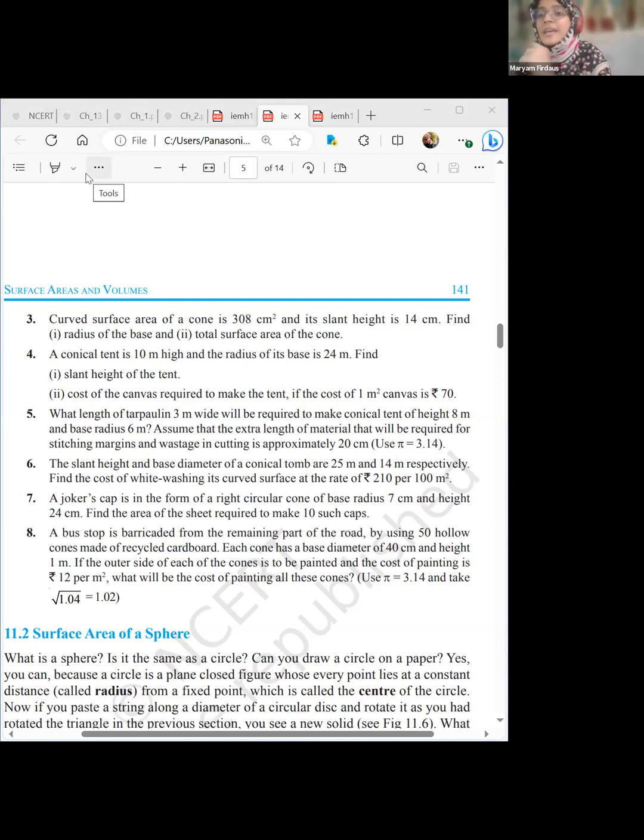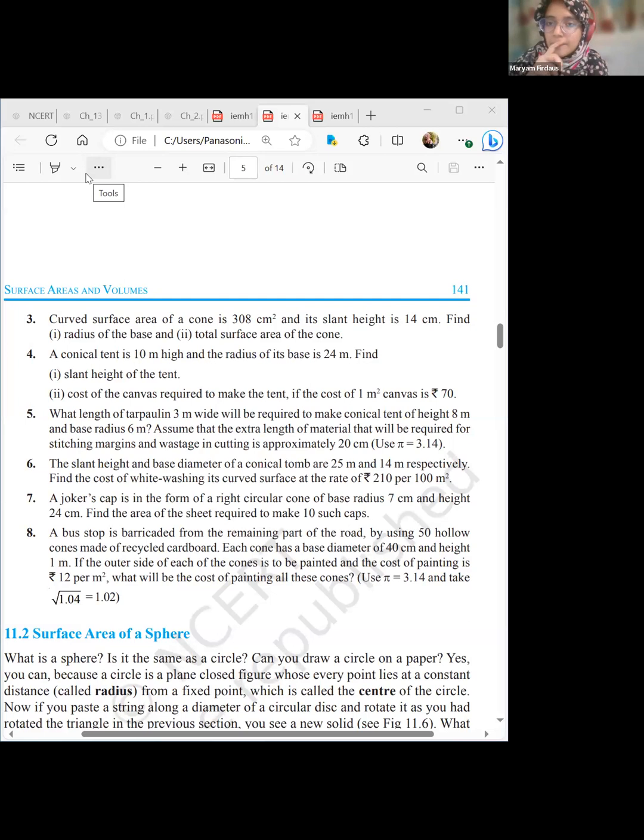But if you have ever seen any cloth get stitched, any cloth or any bag, then you know that during stitching, some material is wasted also. Some material you will cut out, some is folded, some is overlapped. And they have already told you that the extra length of material that will be required for stitching margins and wastage in cutting is approximately 20 centimeters.